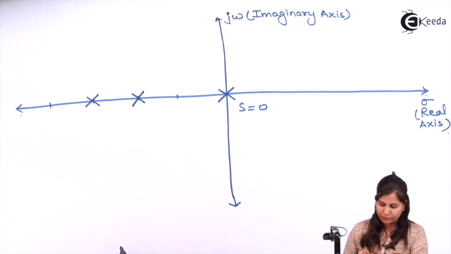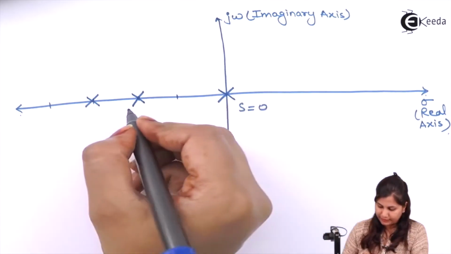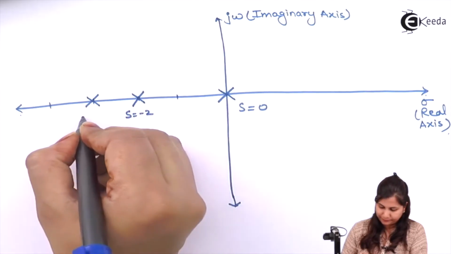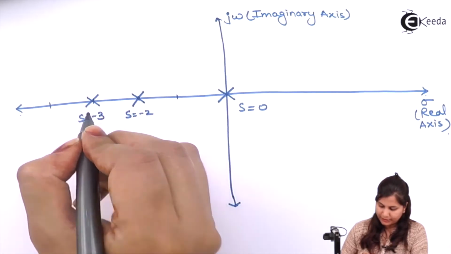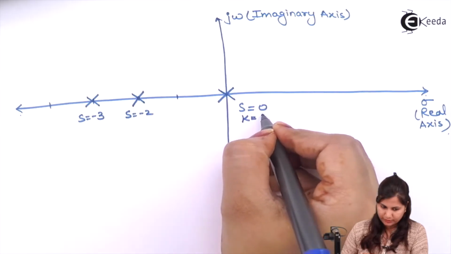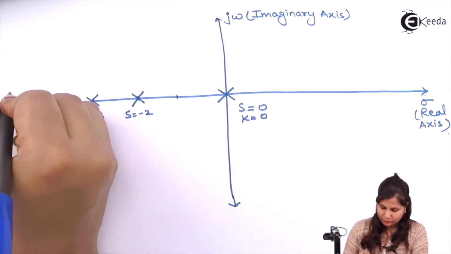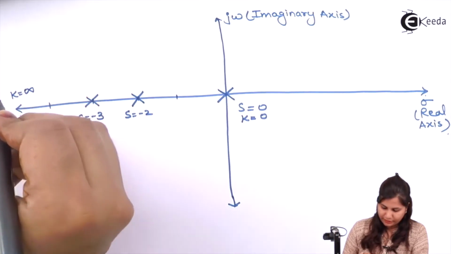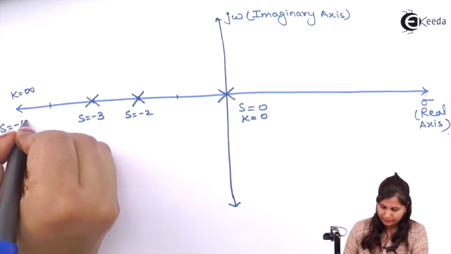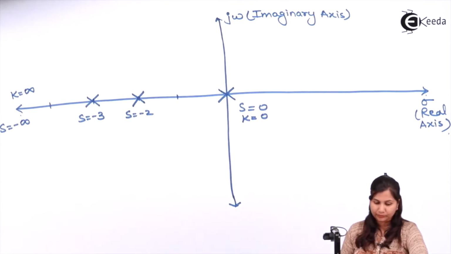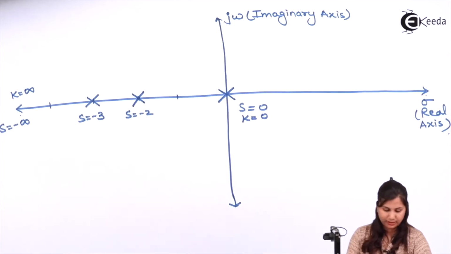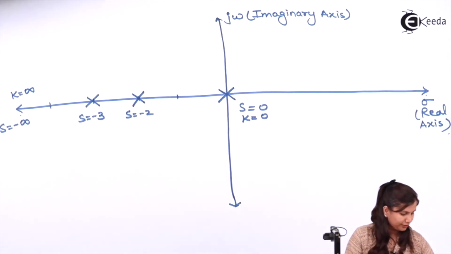Okay. s equals -2, s equals -3. This is for k equals 0, and for k equals infinity, we are having s equals minus infinity. Direction of the root locus we have obtained in our first step.